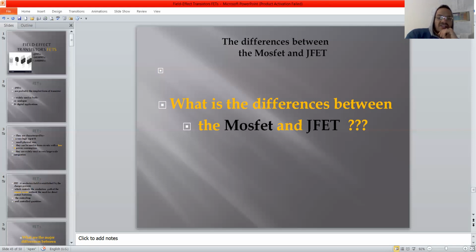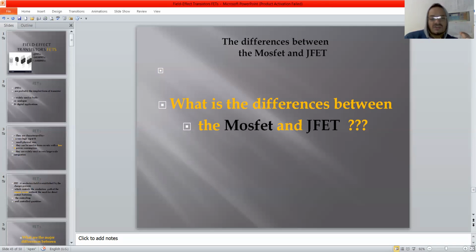Here, the drain source voltage is increased to a level where it appears that the two depletion regions will touch and close the channel. A condition referred to as pinch off will result, where the drain source voltage equals VP and the channel will close.